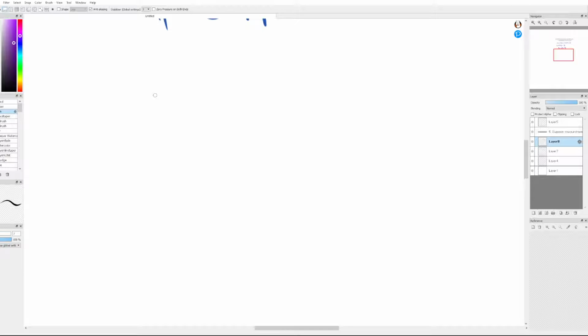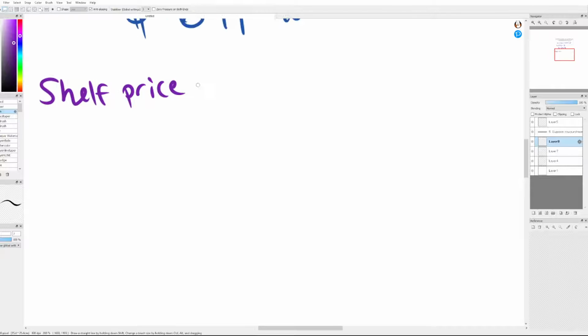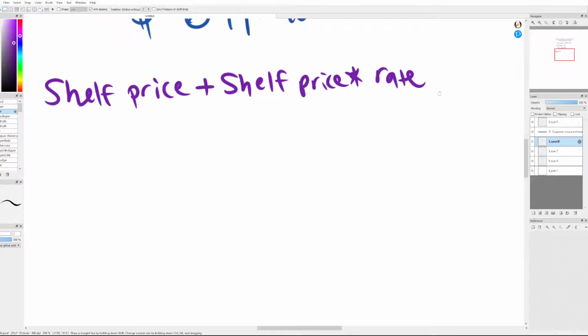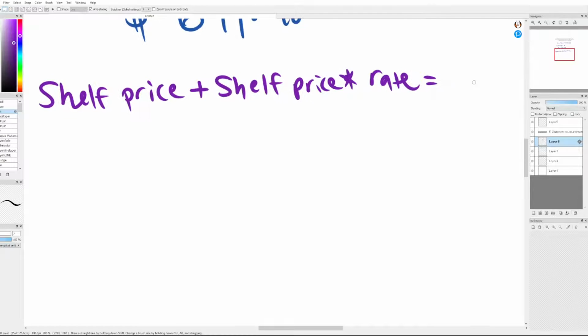So when we think about it in English rather than in math, we know that our shelf price, not our original price, I'll get into that in a minute, plus our shelf price times our rate is equal to our sale price, which is the price that we have on our receipt.